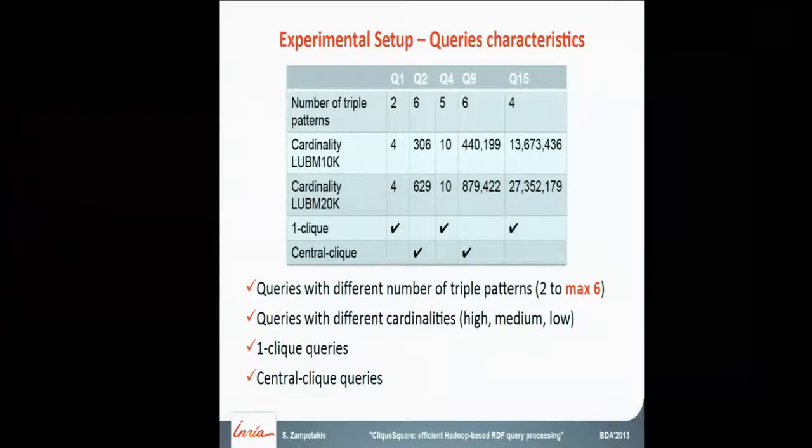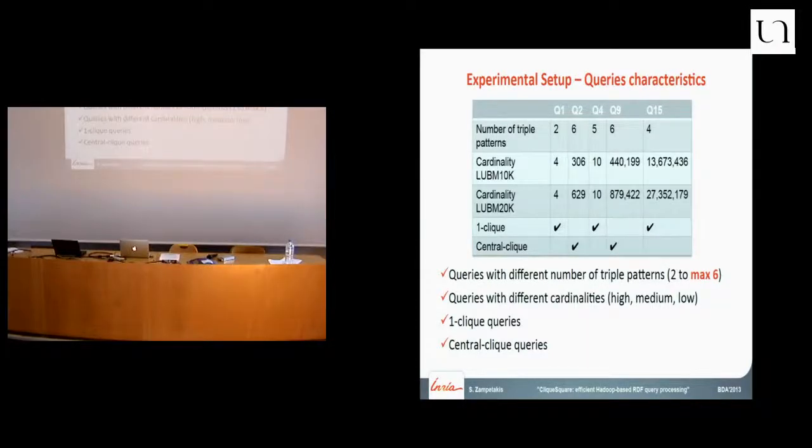The queries that we used are the following: Q1 to Q4 and Q9 from the LUBM benchmark, and Q15, which is a custom query that we created in order to have lower selectivity than the other queries that exist in the benchmark.